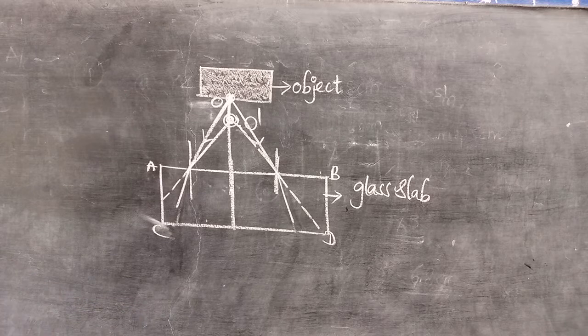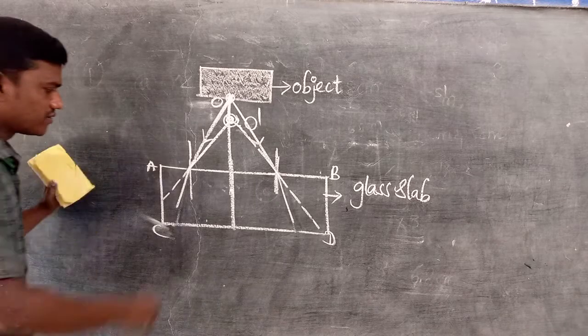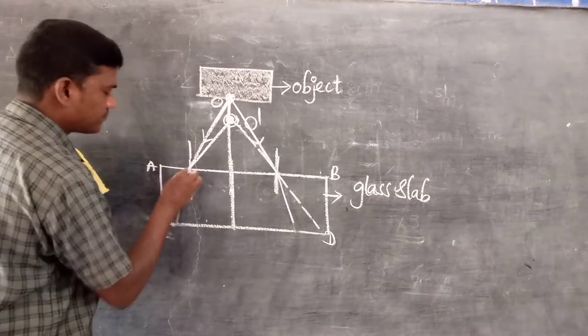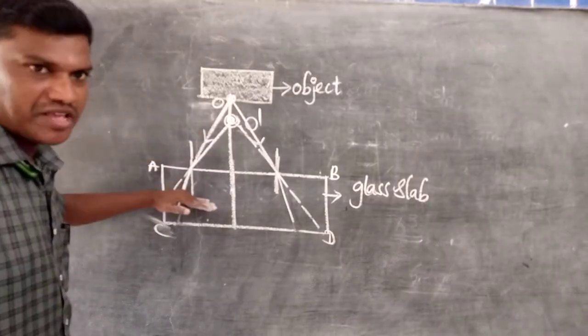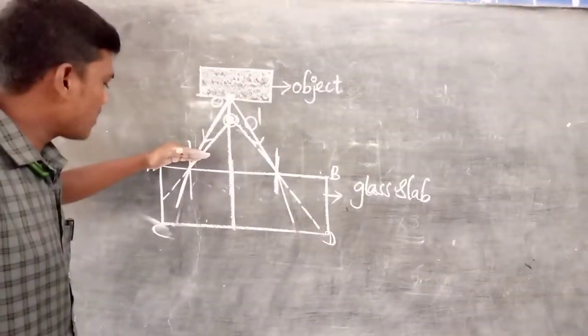Here we are observing that when the light travels from rarer medium to denser medium, what will happen?